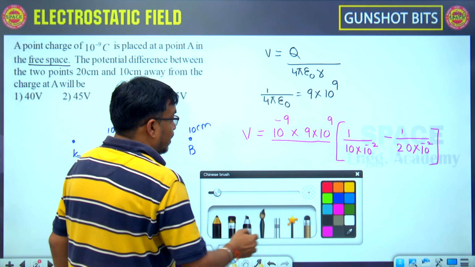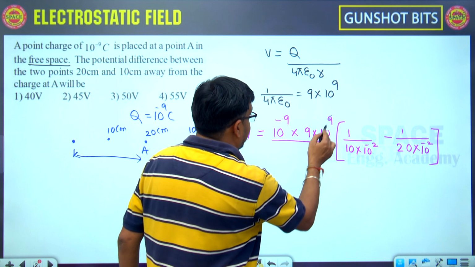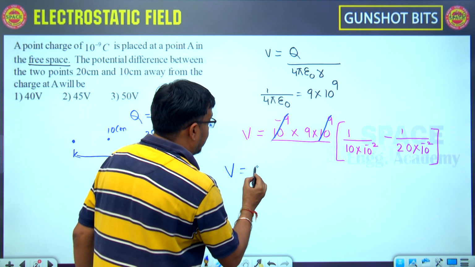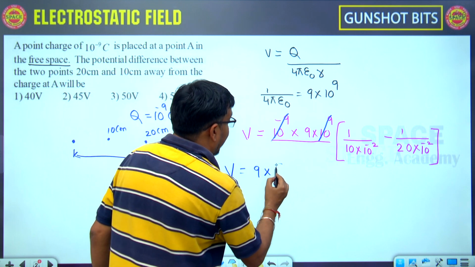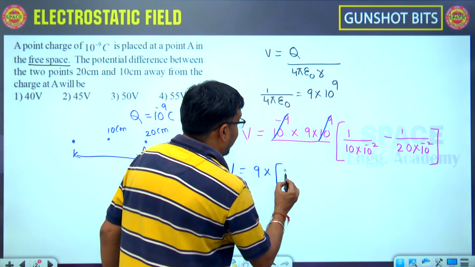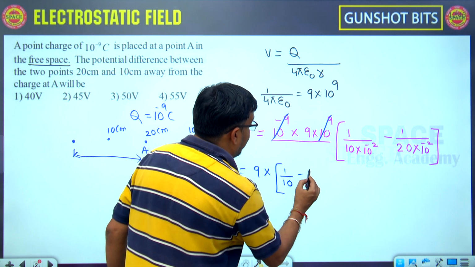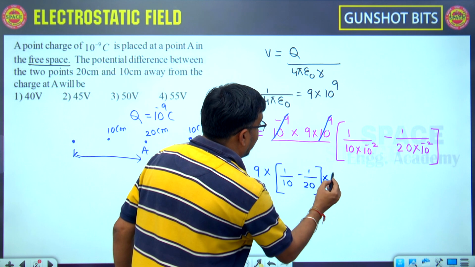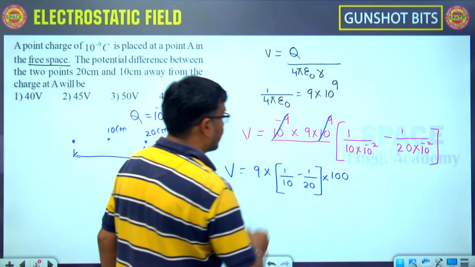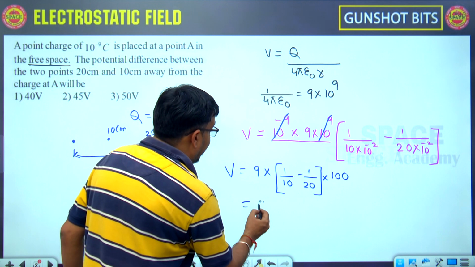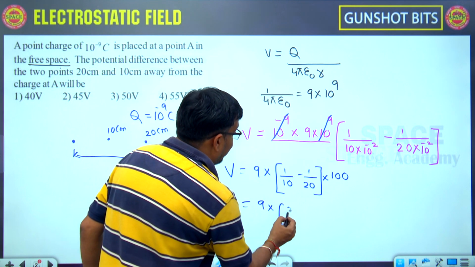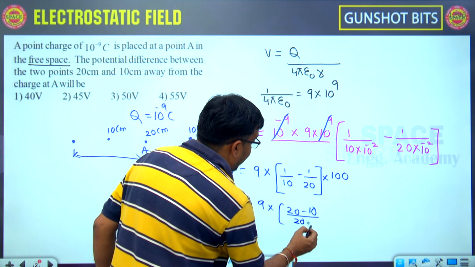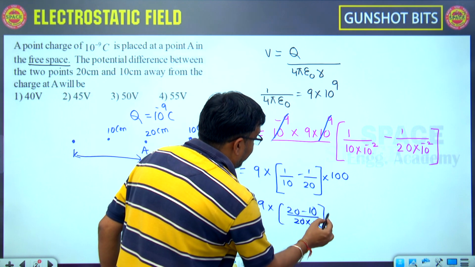Then 10 power 9 and 10 power minus 9 cancel, so potential V equals 9 into (1 by 10 minus 1 by 20) into 100. That equals 9 into (20 minus 10) over LCM 20 into 10, and here I am writing 100.